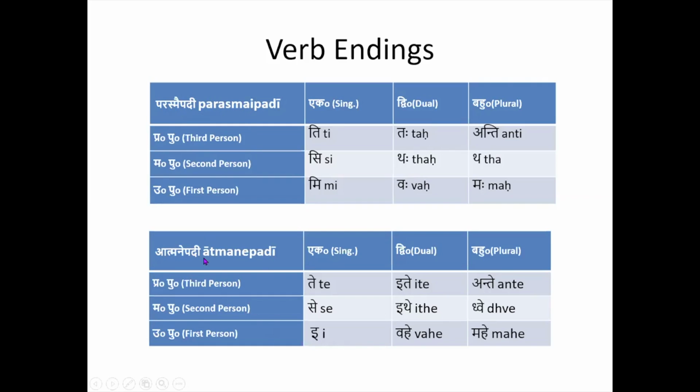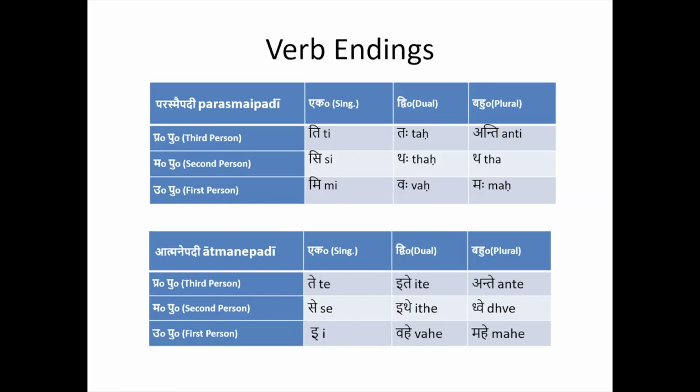And atmane pada: if you again split it, atmane means for oneself. So originally, the parasmaipadi verb endings were used when you were doing the action for somebody else, and atmanepadi endings were used when you were doing the action for yourself, for oneself.